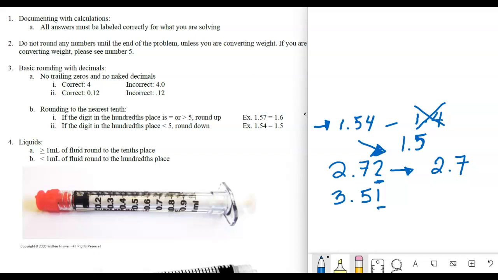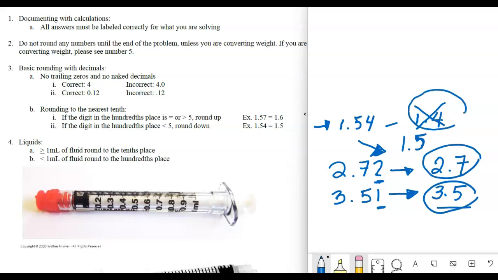This digit is less than 5, so your answer would be 3.5. That's your answer. Again, we don't round down like this. This is what we mean by rounding down.